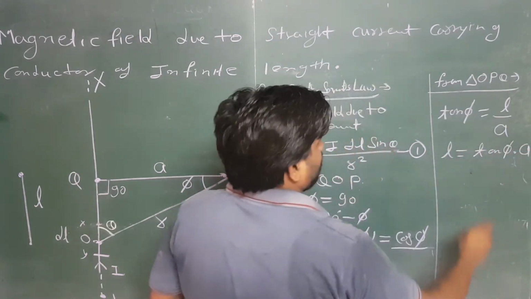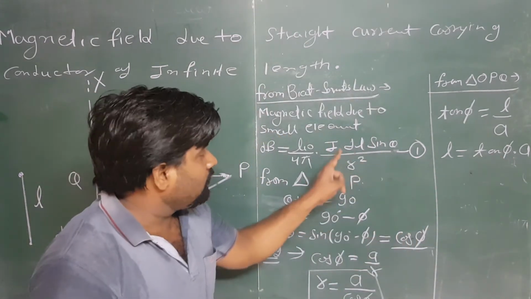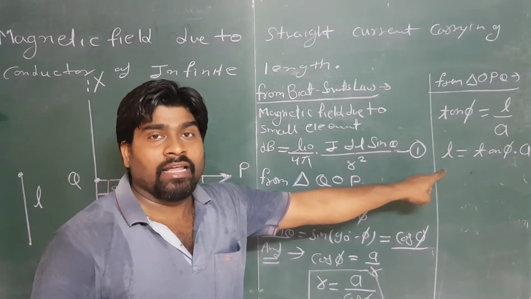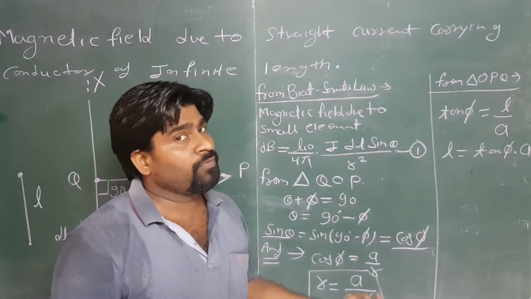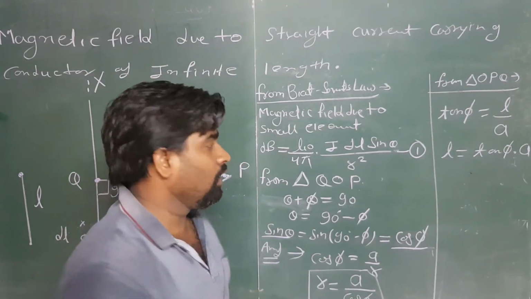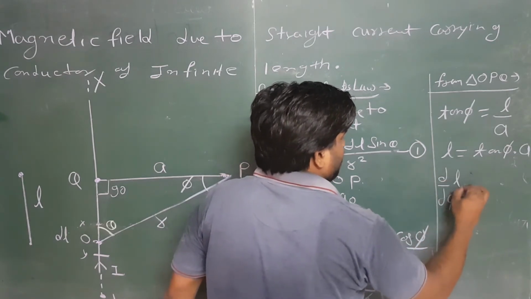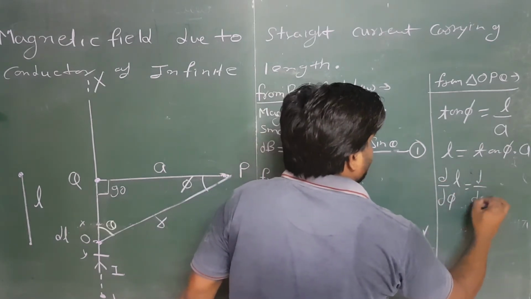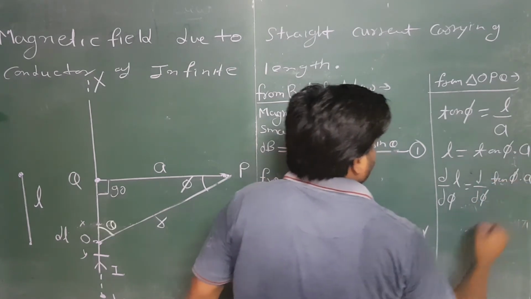It doesn't matter. But there is dl and I have taken L. Then you have to take the differentiation of it, with respect to the angle phi. So we will take d by d phi of L and d by d phi of A tan phi.